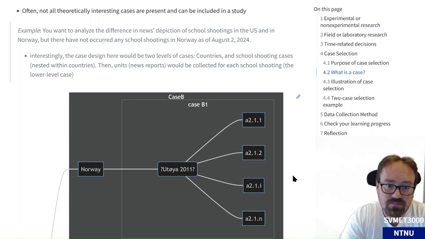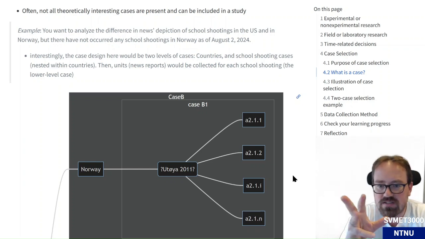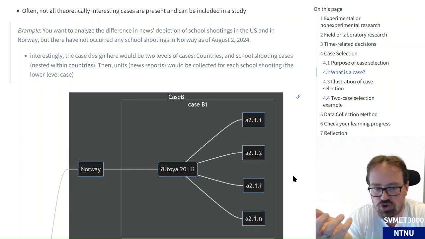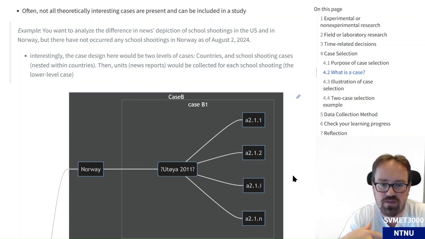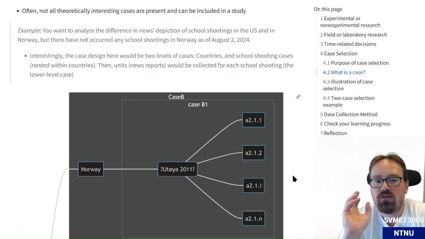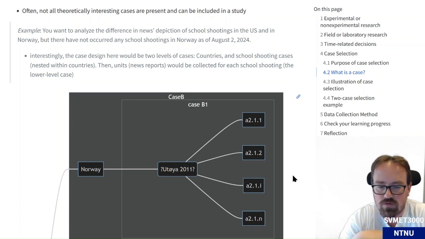So the case design here would be a two-layer design, countries and school shooting cases, which are nested within the countries. Then we would have units. That would be the news report, which could be collected for each school shooting, which is the lowest level case, the school shooting incident.